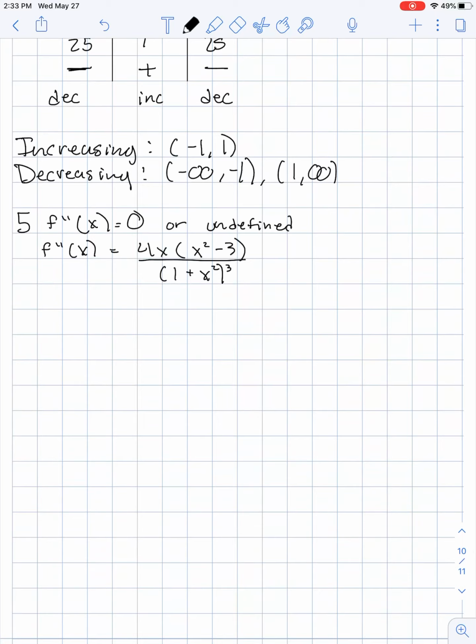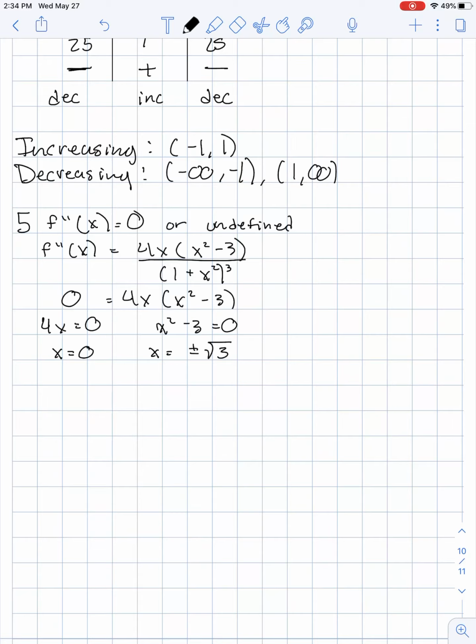So just like what we saw earlier, the denominator can't equal 0. It only gives me numbers greater than 0. So we're only going to focus on the numerator. So 4x, x squared minus 3. Well, that means that either 4x equals 0 or x squared minus 3 equals 0. So we get x equals 0 and x equals plus or minus the square root of 3.